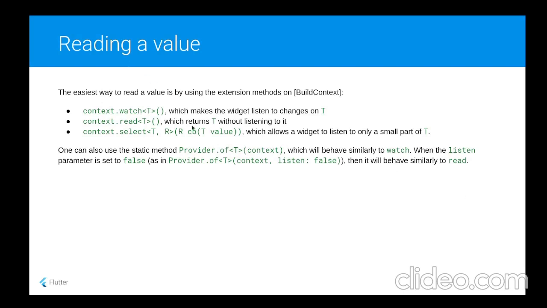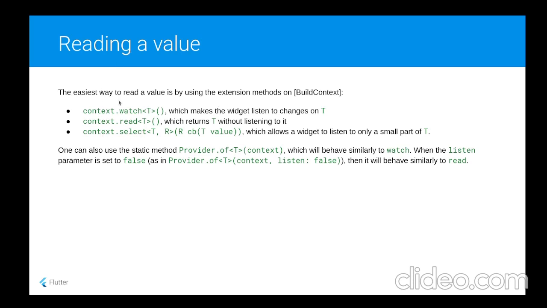So yeah, reading a value. Now let's say you have stored your list of nurses in the providers, which has all the data in, let's say, a JSON format. Now you want to read that data anywhere else, in any other part of your application which is not in the same place. So how will you do that?